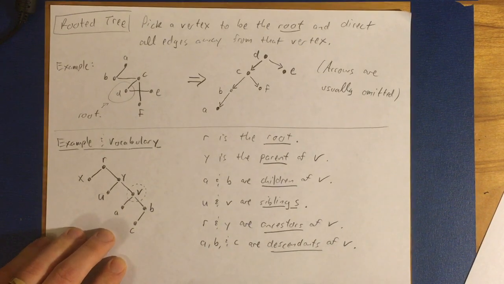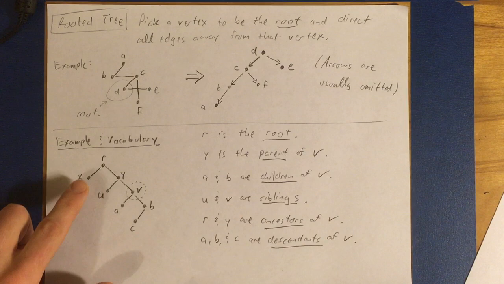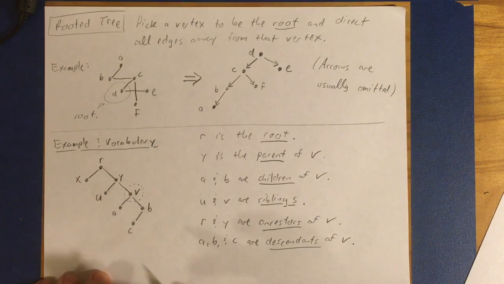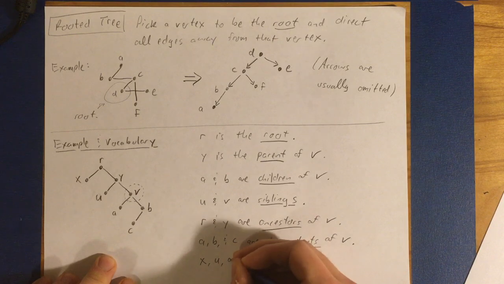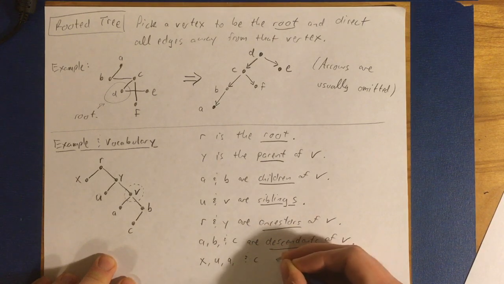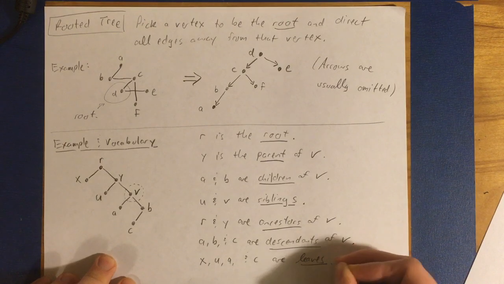All right, so all of that vocabulary stems from families, but we also have some vocabulary for trees, which comes directly out of plants, botany. So some of these vertices you'll notice don't have any children whatsoever. Those are called leaves. So the X, U, A, and C are our leaves in this tree.